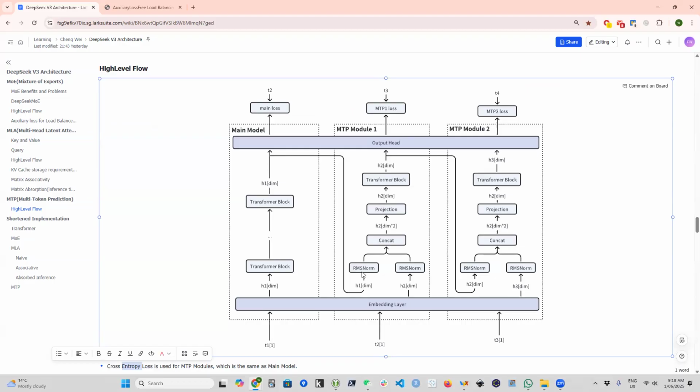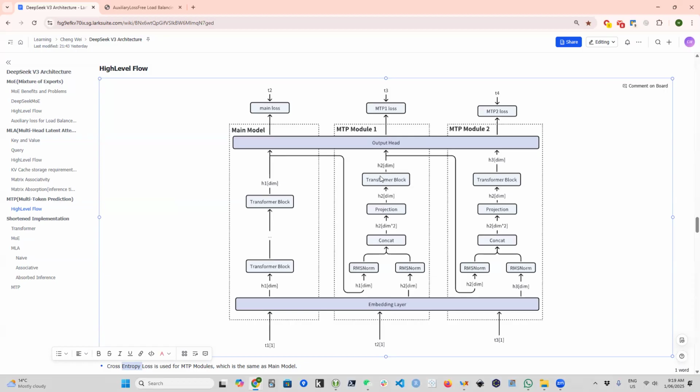So we are trying to push it, but not totally relying on it. Then we concat, and it becomes 2 times the DIM, since we concat token 1 and token 2. So we need to project down into 1 DIM.